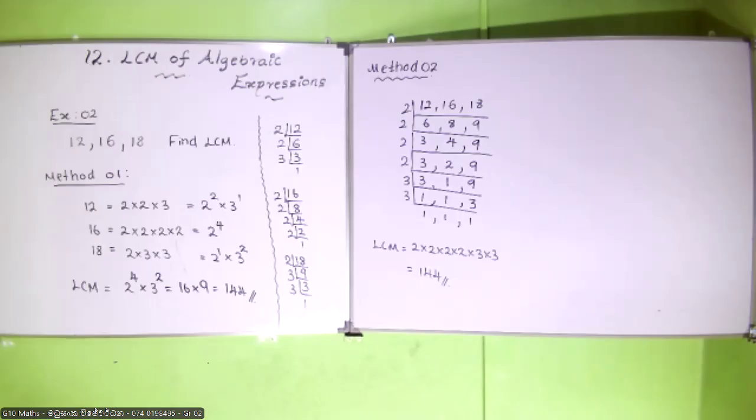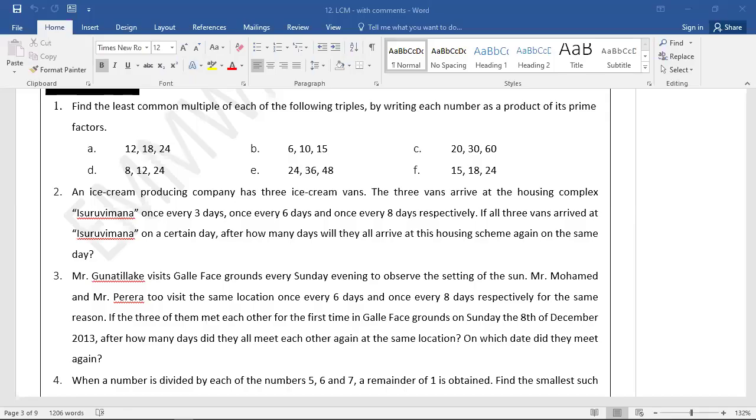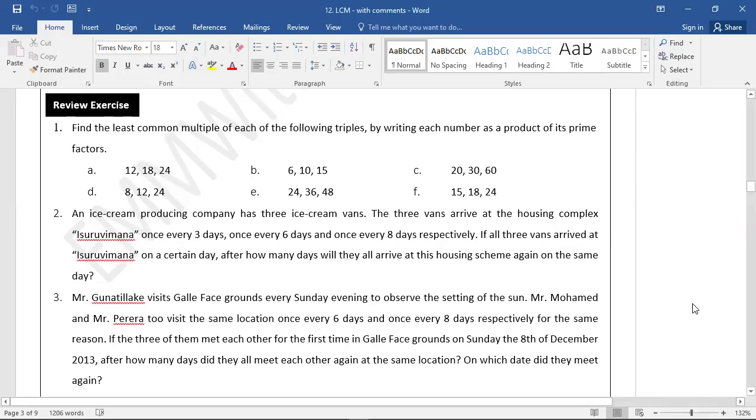I'm going to share the screen. So here, shall we do the example under the review exercise?